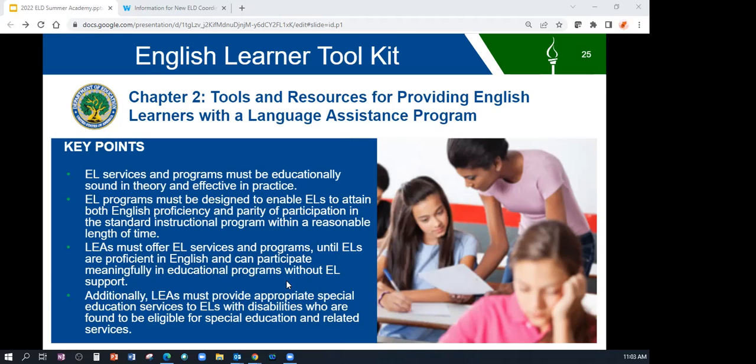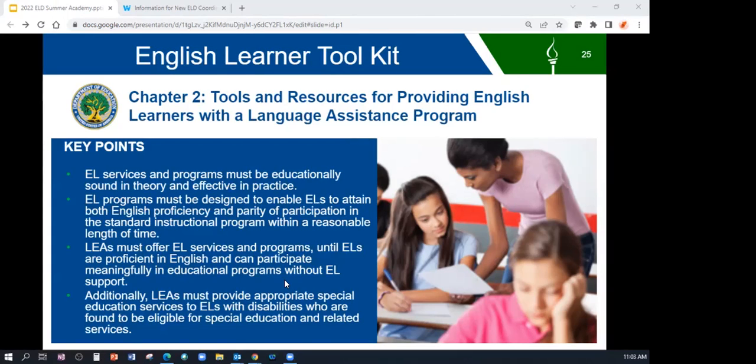This federal regulation shows that we need to keep working with those students until they are proficient and can participate completely in the EL program without support. So if you're one of those districts that say we need to stop at a 2.5 or 3.0 and put them back in a classroom and have minimal contact with them, this gives you grounds to rebut that and say, no, we need to provide services.